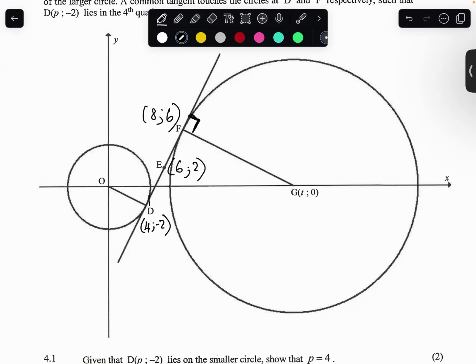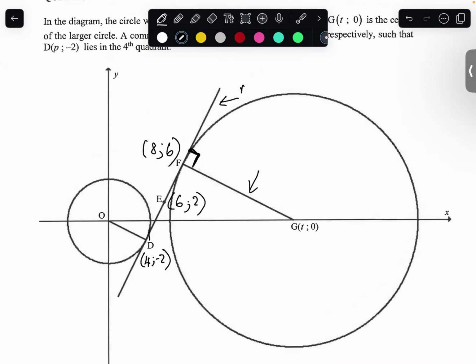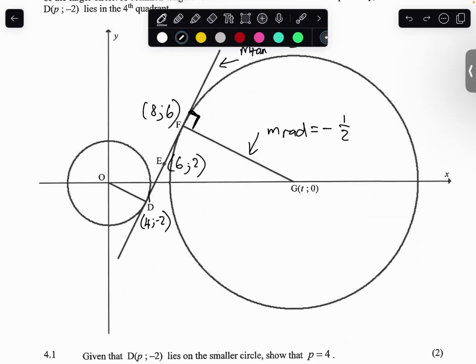So whatever the gradient is of this line, this one will be its reciprocal with the opposite sign. The gradient of this tangent is 2, and so therefore the gradient of the radius will be minus a half. Opposite sign, and the reciprocal of 2 over 1 is 1 over 2. So the gradient of the radius is minus a half.